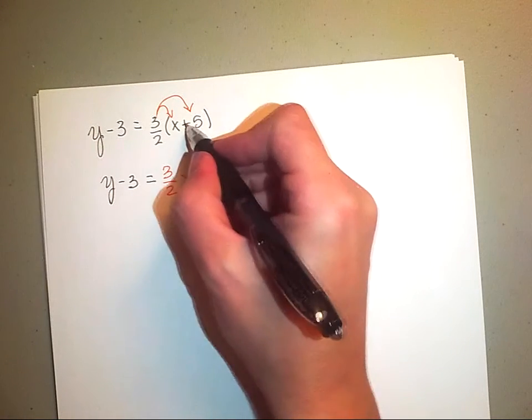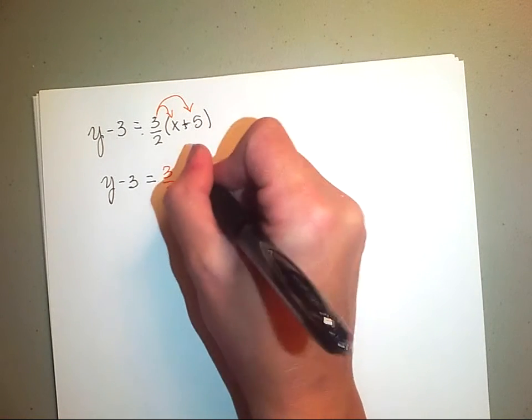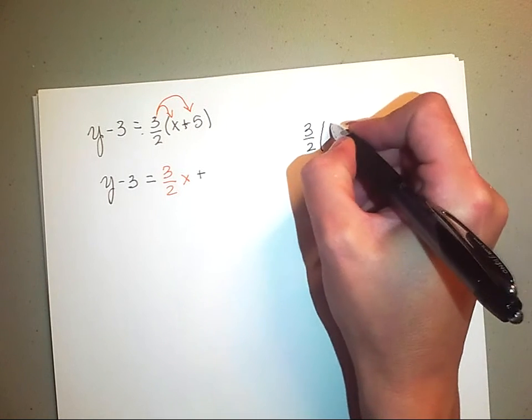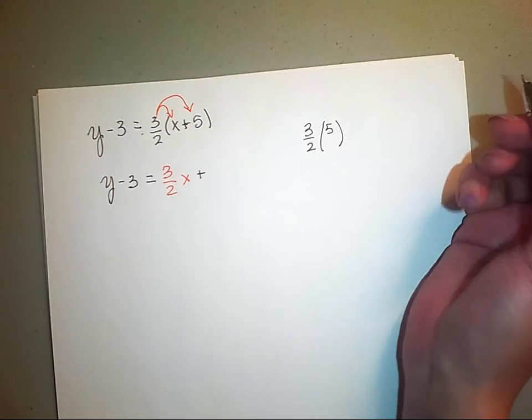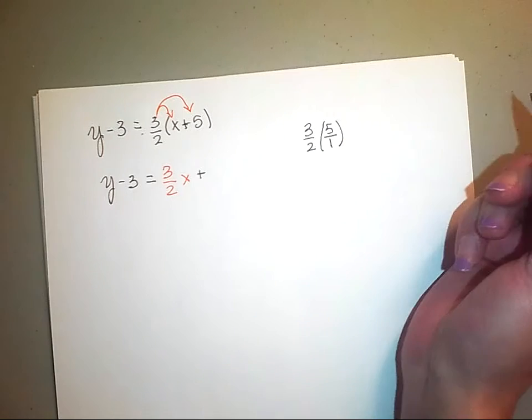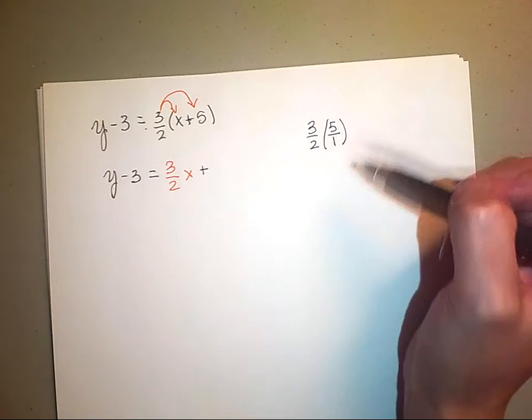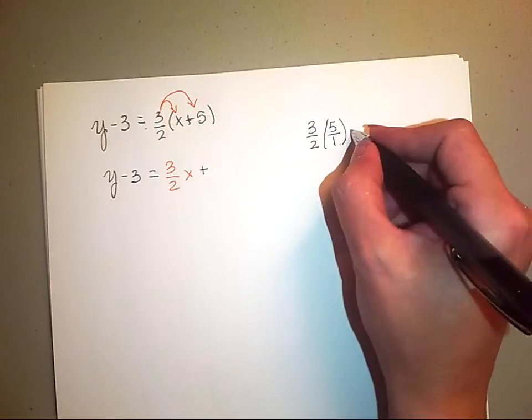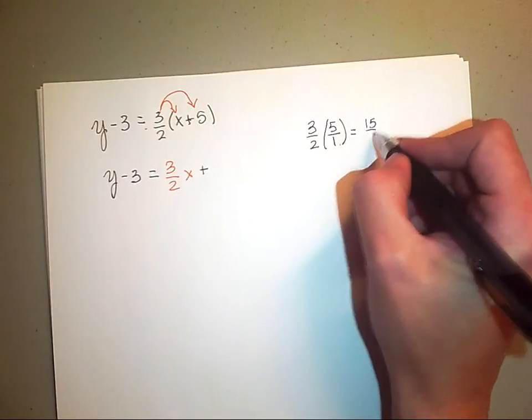And then over here, a positive and a positive will be positives. And then we can just ask ourselves, what's 3/2 times 5? Well, remember we can just put that as 5/1. And if there was canceling to reduce, I would want to do it here. But there isn't, so it's just 15/2.